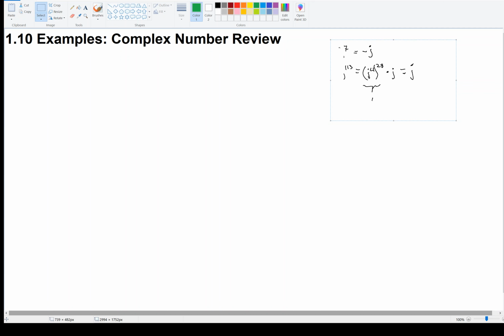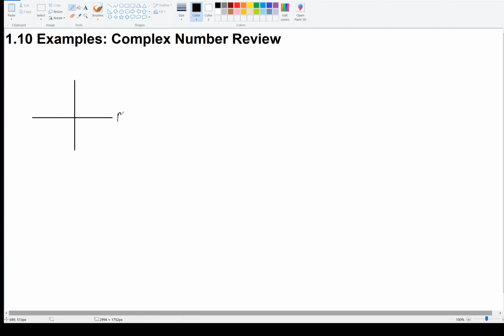Okay, now we're going to talk about complex numbers, and a complex number has a real part and an imaginary part. And the best thing that you can do for yourself is to get used to representing complex numbers in the complex plane.